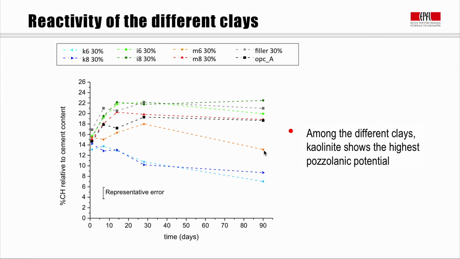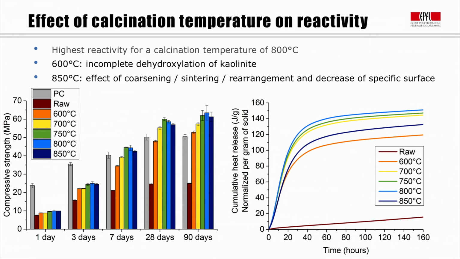What should be the optimum temperature for the calcination? In this graph here, we see for a particular clay that has been calcined at different temperatures, how the strength varies over time. So the different temperatures we've used are the plain raw clay with no calcination at all, 600, 700, 750, 800, 850.